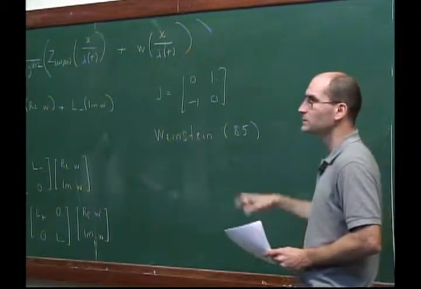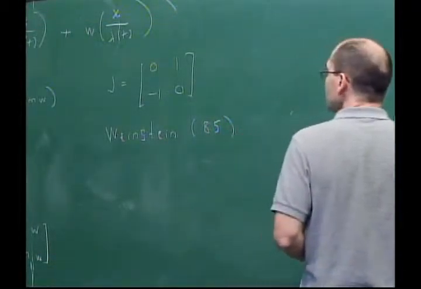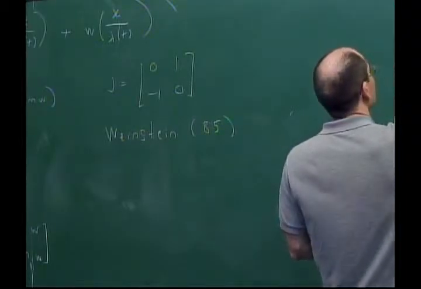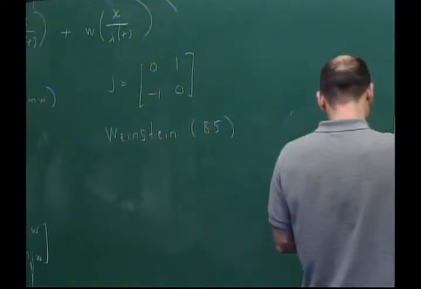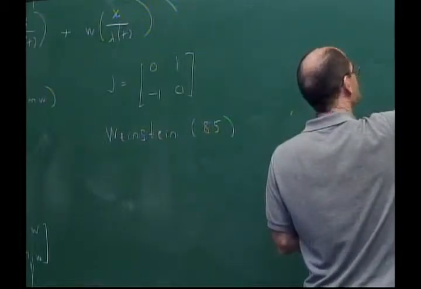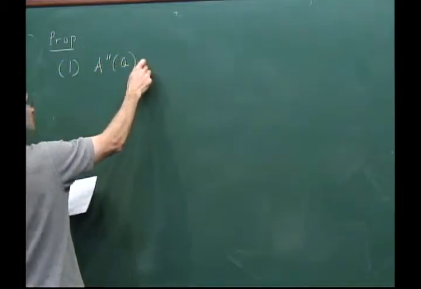So to get the spectrum of that operator, you first start by understanding some of the mapping properties of this A double prime. So the first thing you do are some computations, just to give you a flavor of it.